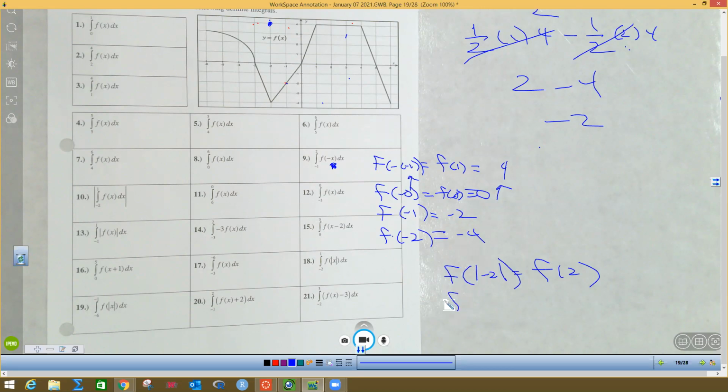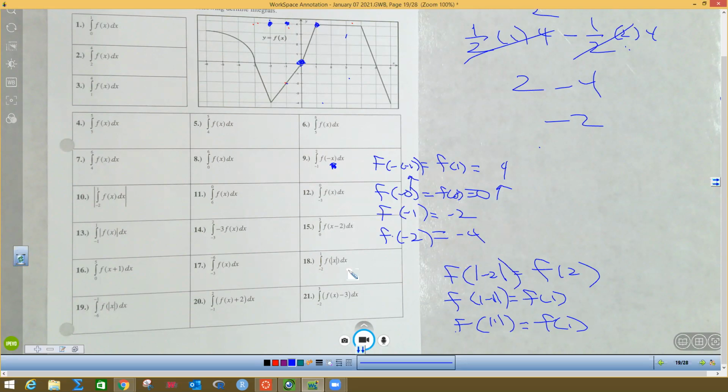And then when you plug in the value of -1, that is actually the value of f of 1, which is also at 4. So -1 gives you positive 4 out also. F of 0 is still 0, so that's still down here. And then you plug in f of 1. Well, f of the absolute value of 1 is still f of 1, so that's also a 4.